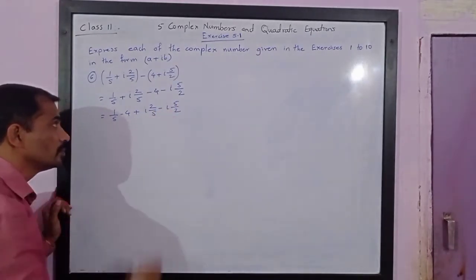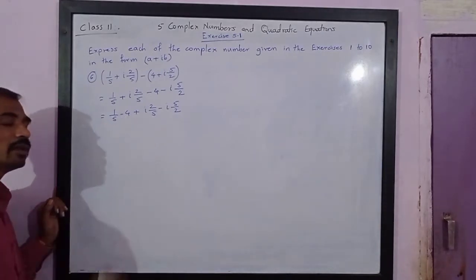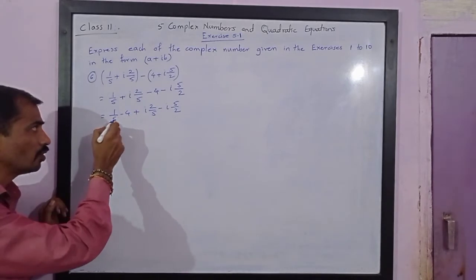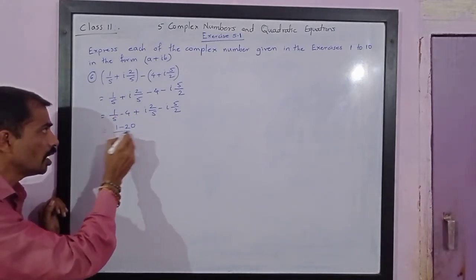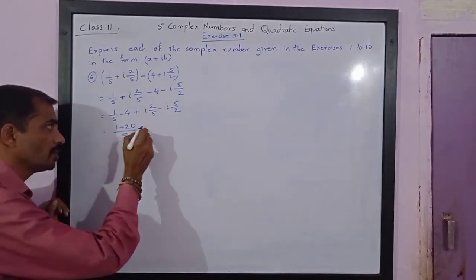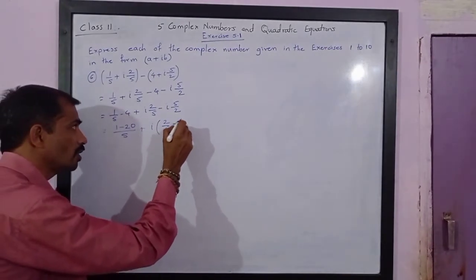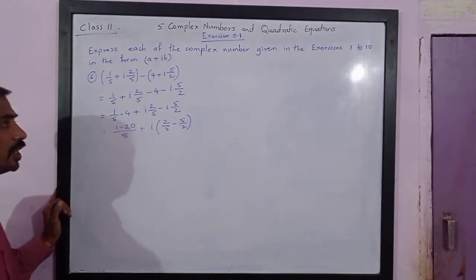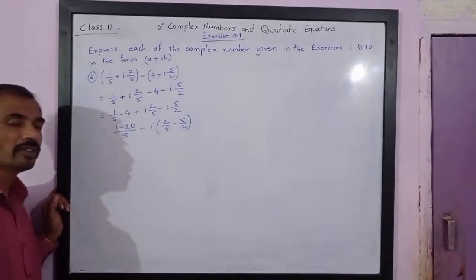Now from this you can see denominators are not same, so we need to make the denominator same before multiplication. So this is equal to 5 fours are 20, 1 minus 20 upon 5. I have written a common denominator, plus if you take i common, we will have 2 upon 5 minus 5 upon 2. Now watch carefully, denominators are not same, we need to make the denominator same before doing the subtraction of the fraction.